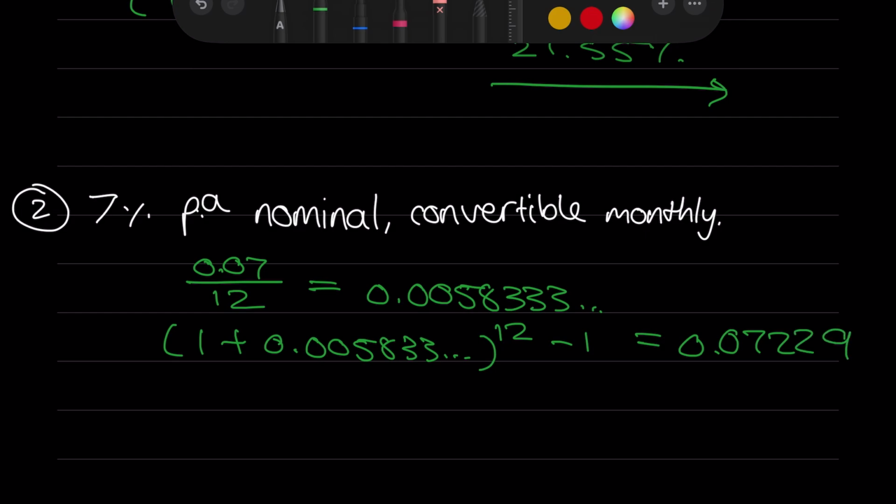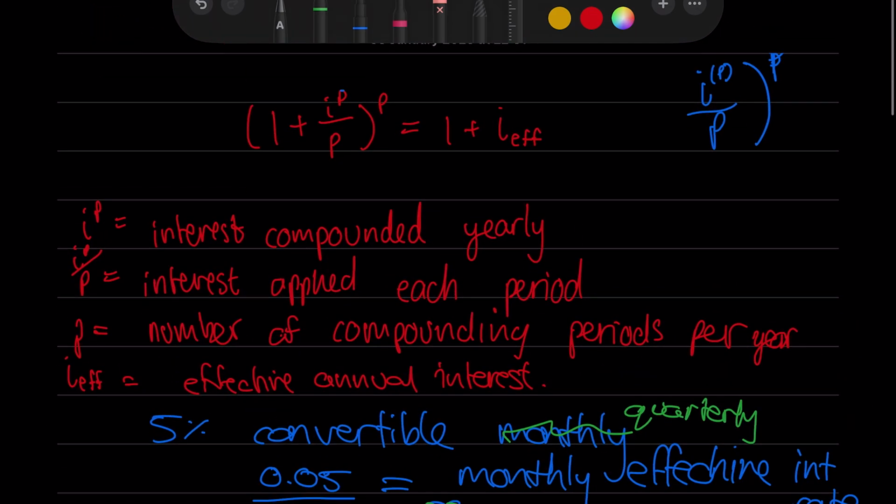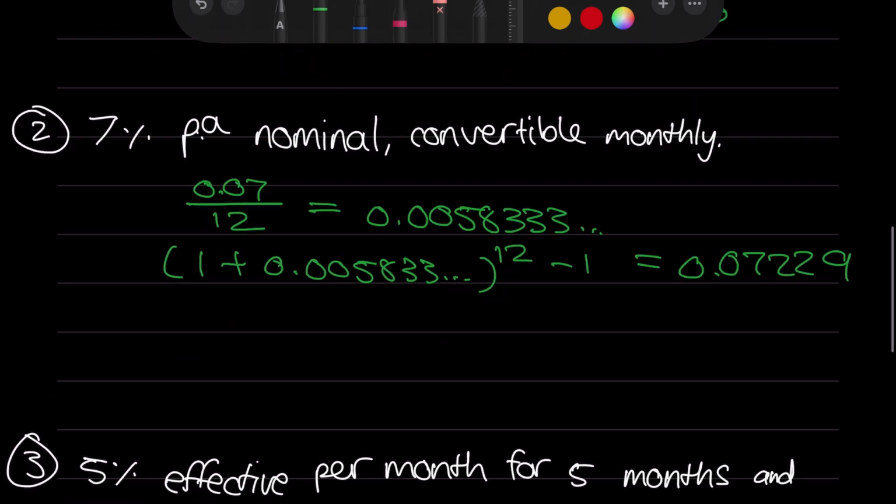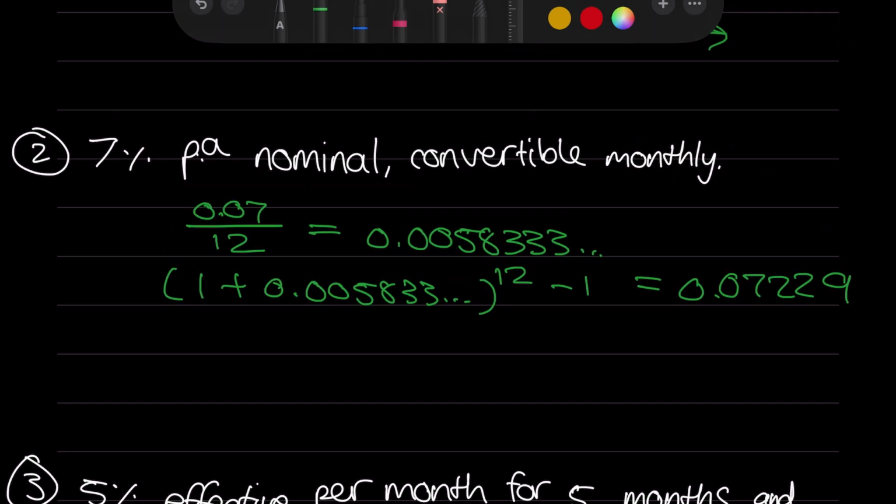0.07229. However, let's run back to our formula quickly, this red one that we started with. If we just use that formula, which I'll write here for you, it's 1 plus i^(p) over p, to the power of p. We're asking for this effective annual interest rate. So let's plug everything into our formula and see if we get the same answer.